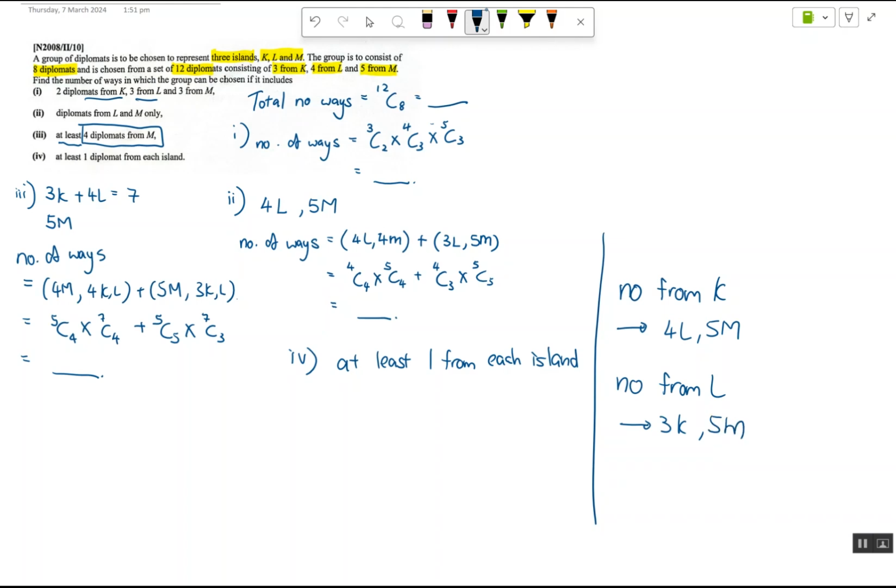That is also totally fine. But if I have none from M, would that be possible? I only have 3 from K as well as 4 from L to choose from. In this case it's not possible, because this will only make up 7 people.